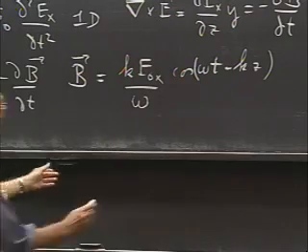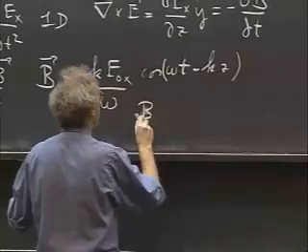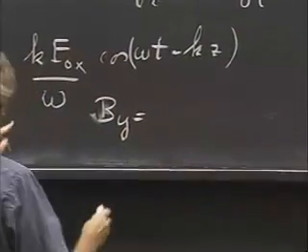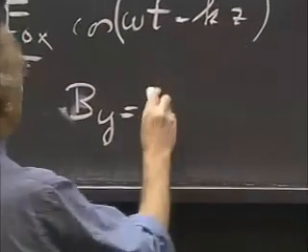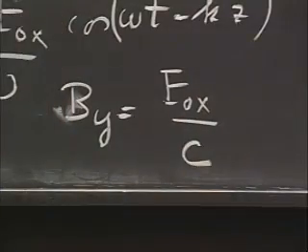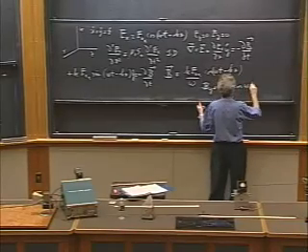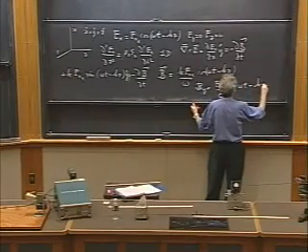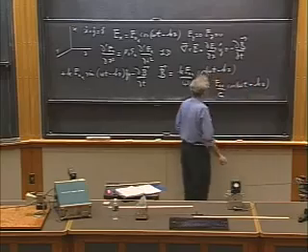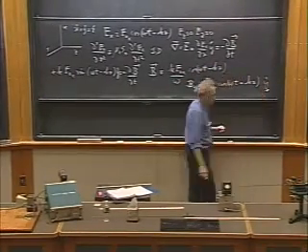And so I can also write this now, that B in the y direction, to indicate that it is in the y direction, is E0x divided by c, because omega divided by k is c, times the cosine omega t minus kz. And just to remind you, here is your y again.